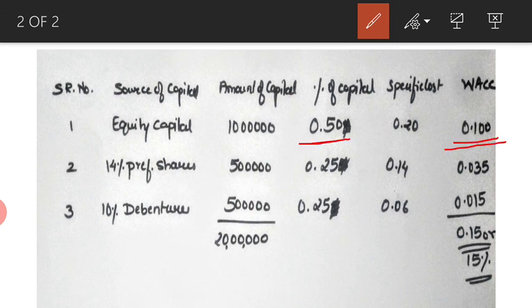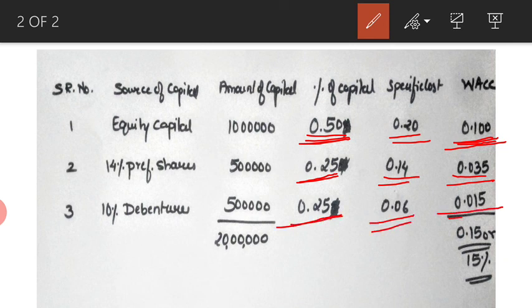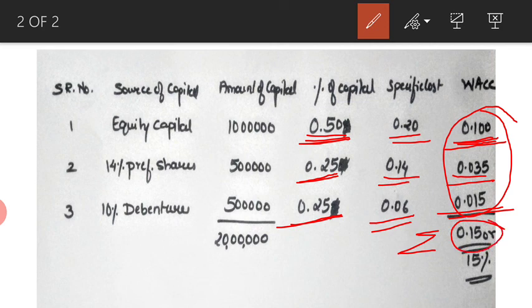So the proportion of capital 0.5 into 0.20 is 0.10. Then 0.25 into 0.14 is 0.035, and 0.25 into 0.06 is 0.015. Then you take the total of this, so summation of WACC would be 0.15 or 15%. So 15% becomes your WACC.